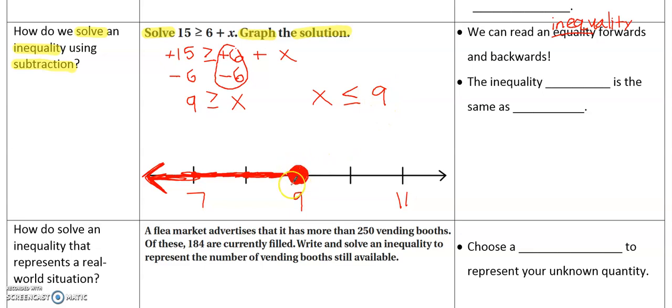Oh, hey, look. X is less than or equal to 9. That inequality might even make more sense when you see this graph. So cool. Forwards and backwards, that's actually really neat. The inequality 9 is greater than or equal to x is the same as x is less than or equal to 9.